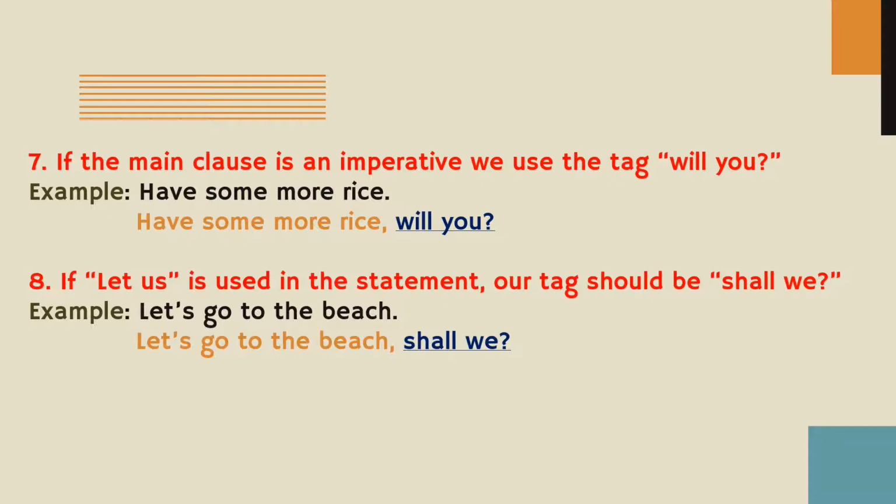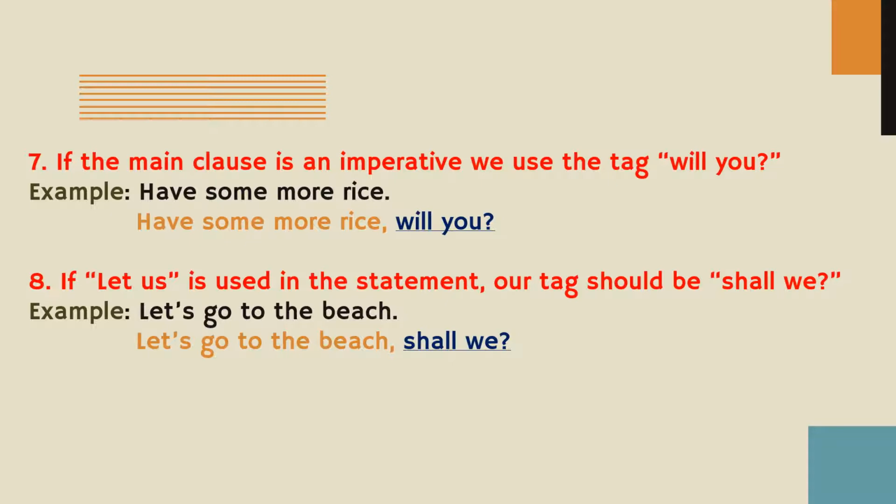So the rule is if the main clause is an imperative, use the tag will you, whether the main clause is positive or negative is not important, or whether an auxiliary verb is used or not, because if the main clause is an imperative, the tag will you is used.